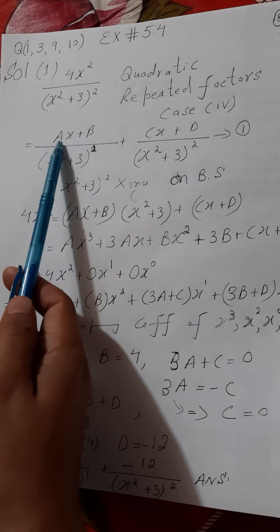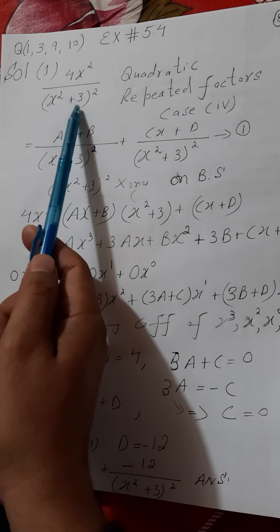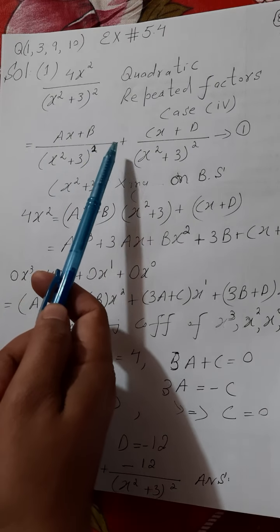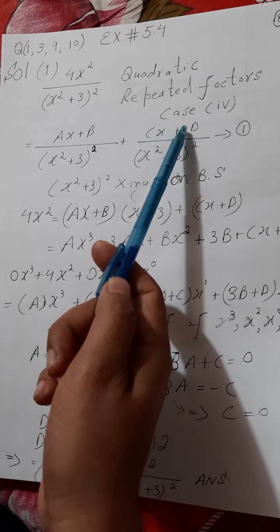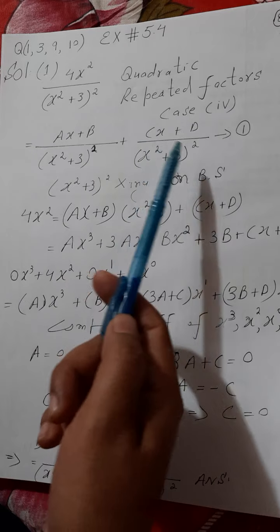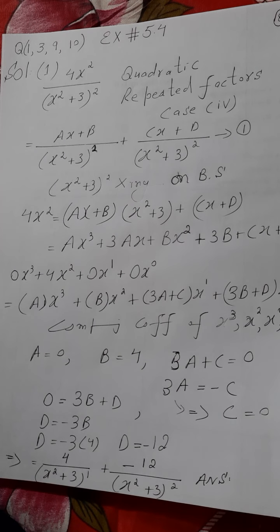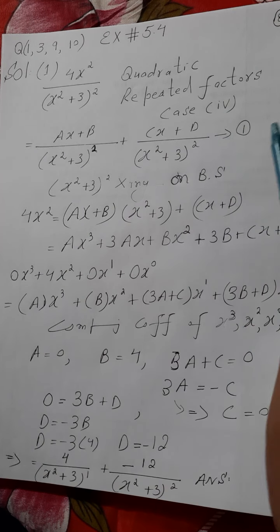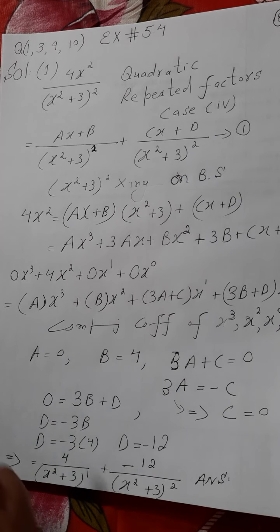So in this case, (ax plus b) divided by (x square plus 3) raised to power 1, plus (cx plus d) divided by (x square plus 3) raised to power 2, it is 2 times repeated. If there is 3 times, then (ex plus f) over (x square plus 3) raised to power cube, and so on.